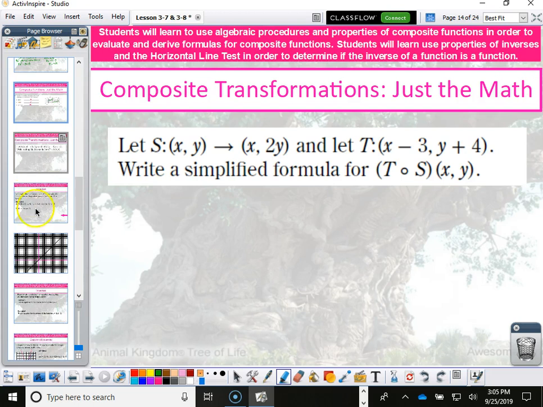So that means we start with our s. S is where we start. So we're going to have to do t of whatever our s function is. And for us, our s function is x and 2y.